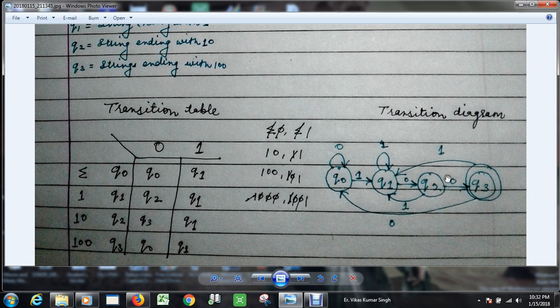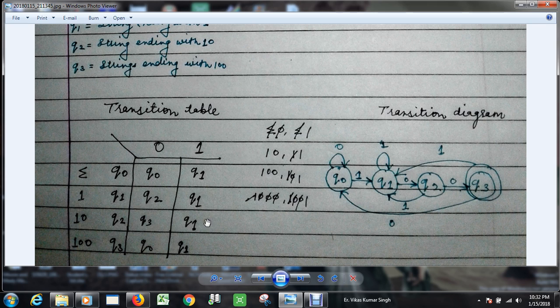Now we will compare: Q0 to Q0 on input 0. Q0 to Q1 on input 1. Q1 to Q2 on input 0. Q1 to Q1 on input 1. Then Q2 to Q3 on input 0.